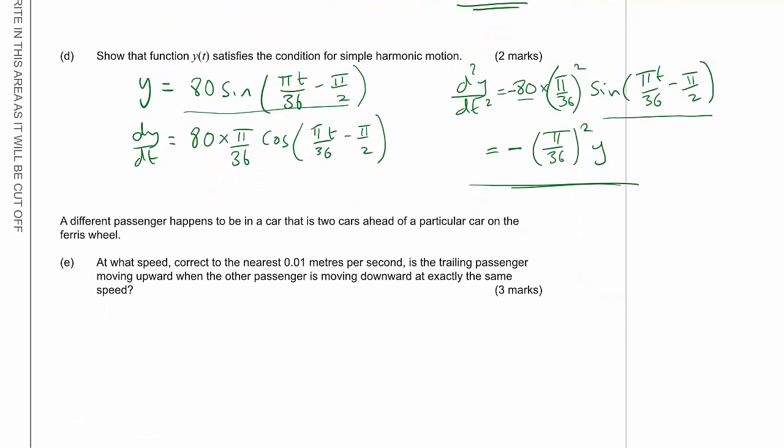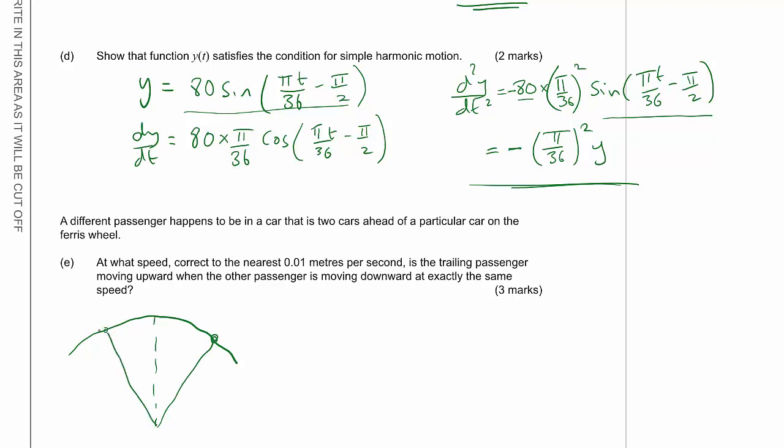A different passenger happens to be in a car that's 2 cars ahead of a particular car. At what speed correct to the nearest 0.01 meters per second is the trailing passenger moving upward when the other passenger is moving downward at exactly the same speed? If we think about it, that can only happen at one position on the wheel. If this is the vertical here, it can only happen when one of the cars is there.